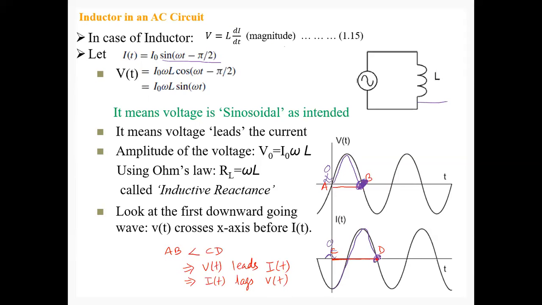This is the first one. So if you look at those two, this guy is AB, this guy is, let's say, CD. So current takes longer to reach the x-axis. That's why current lags or voltage leads.